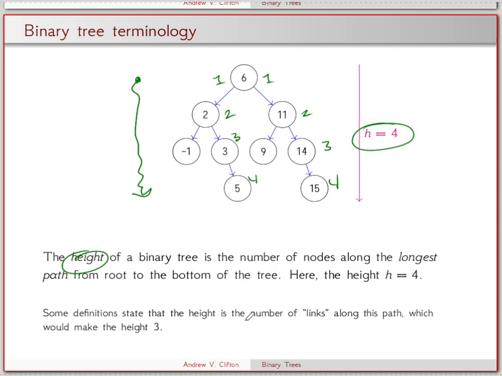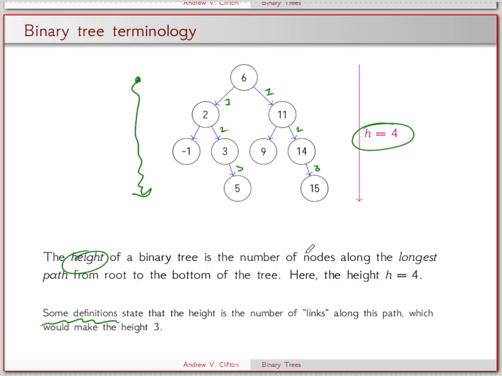Now I'll mention that there are some alternate definitions that say when you count the height, you don't count the nodes, you count the connections, like the blue arrows in between them. Those would count the height as 1, 2, 3, or going this way, 1, 2, 3. So that would give a height of 3, 1 less than what we've given.